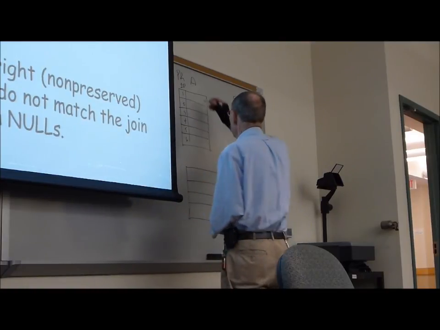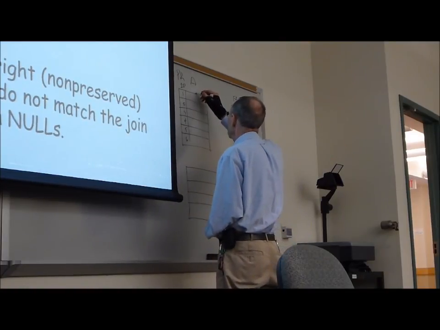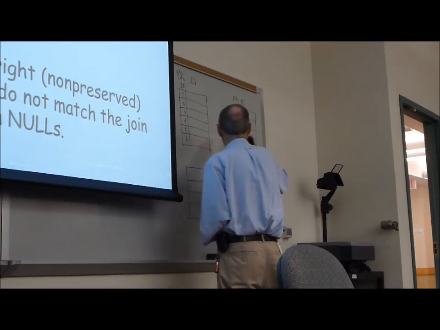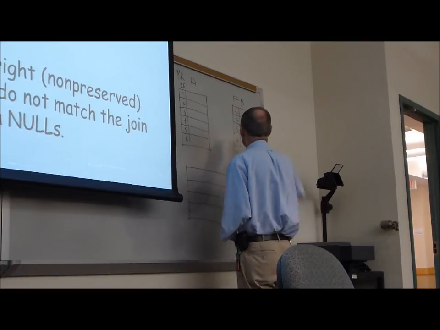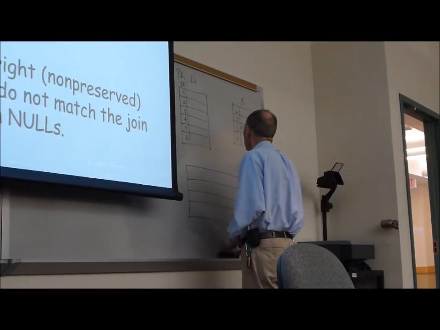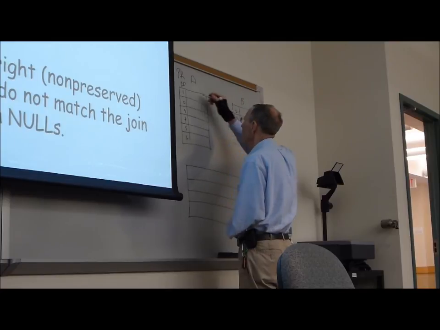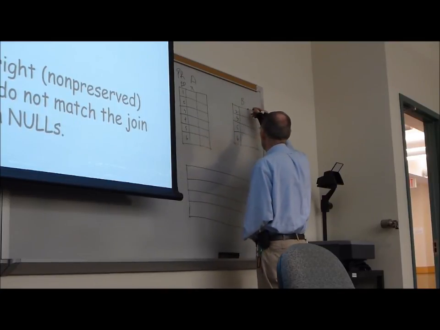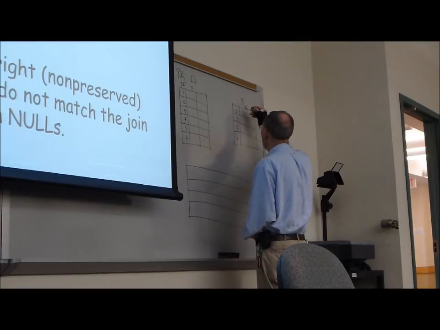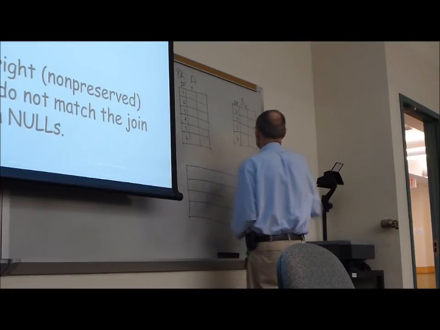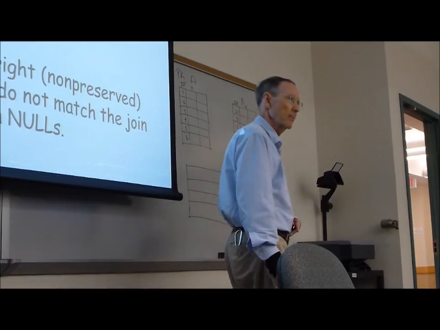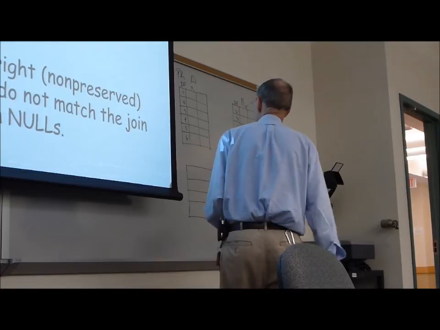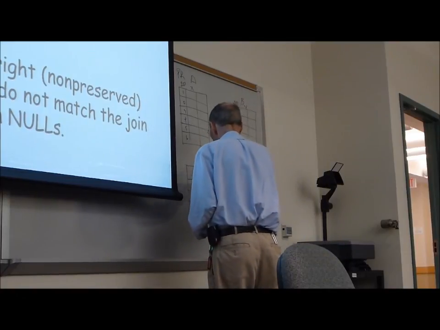We'll have a column X there and column Y there, and then we'll have the ID. So I'm going to join these two tables.